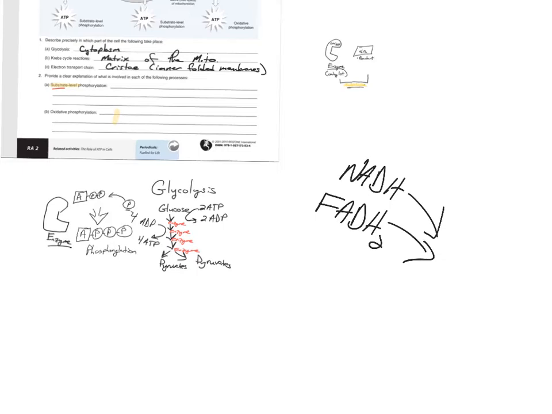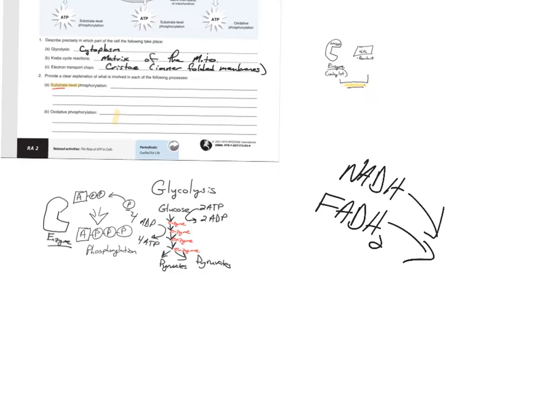But in the electron transport chain, and we're going to look at it in a little bit, you're taking all these electrons that are being brought to it by the carriers, right? NADH, FADH2, taking all these electrons from all over the place, from glycolysis, from the Krebs cycle.